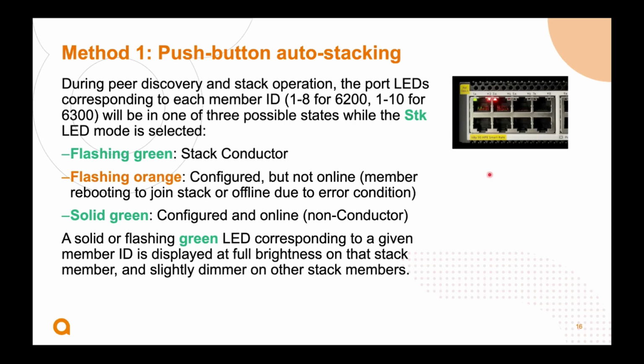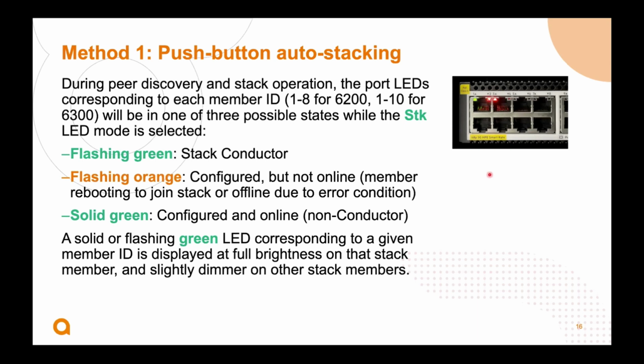So one thing that we do to make it easier to determine which member of a stack you are physically looking at when you're looking at the front panel is, if the LED is green, the green LED for the port that corresponds to that switch's member ID will be displayed at full brightness, and the port LEDs corresponding to the other members of the stack will be slightly dimmer.